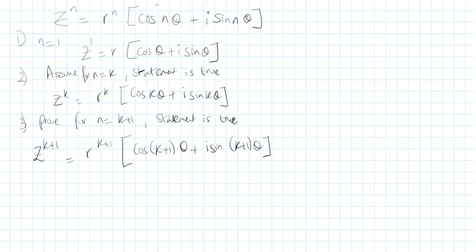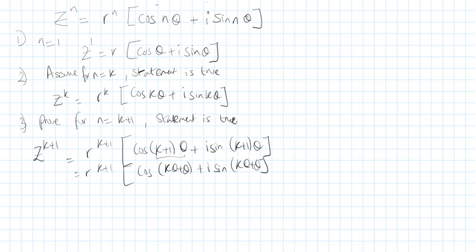Okay, so this is the statement we have to get. And if you wish to expand that part, you can do that. So it can become cos of (k theta plus theta) plus i sine of (k theta plus theta). Alright, so that's the z(k plus 1) statement.